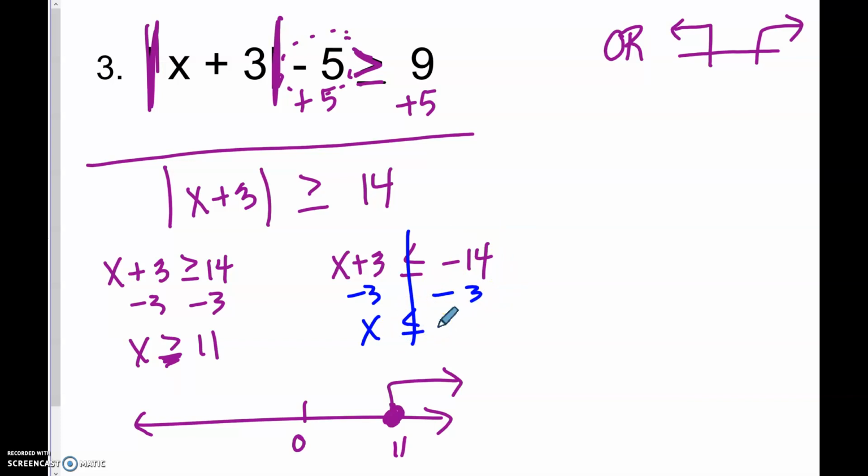Negative 14 minus 3 is a negative 17. So I'm down here at negative 17, closed circle, and we are going to shade to the left. All right, let's see what happens. It's an or, shades out, and I got it shading out, closed circles, because I have the line underneath it.